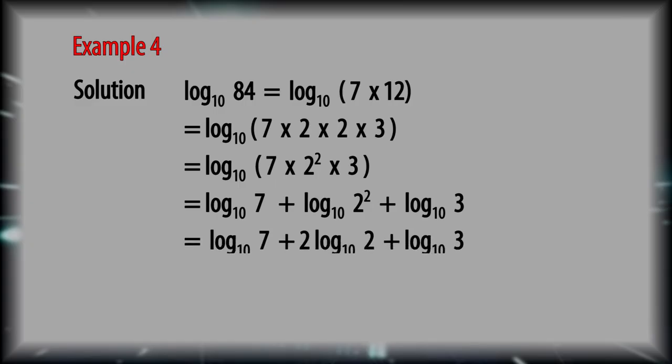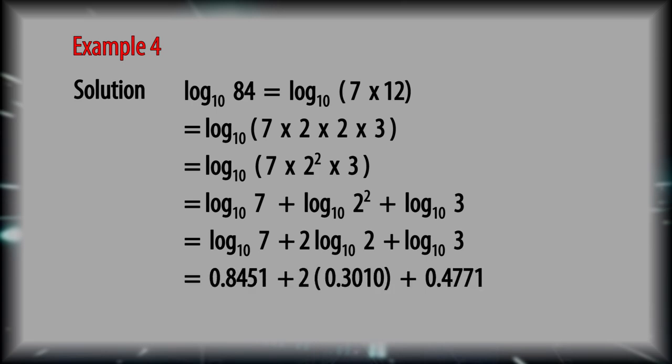So now we're going to write this as log base 10 of 7 plus 2 times log base 10 of 2 plus log base 10 of 3. Then we can put the values that the question gave us for log 7, log 3 and log 2 into our expression.